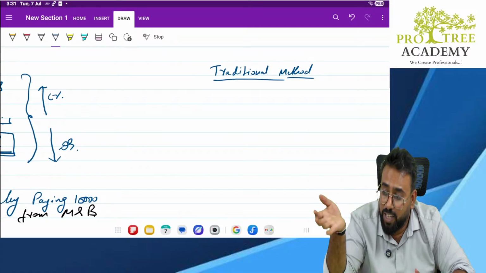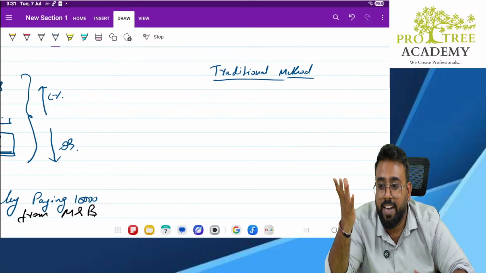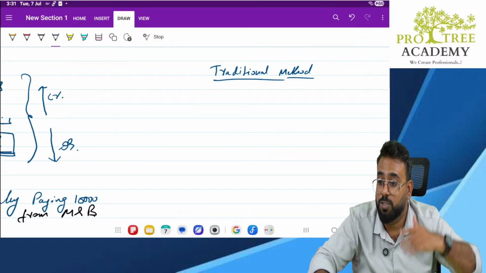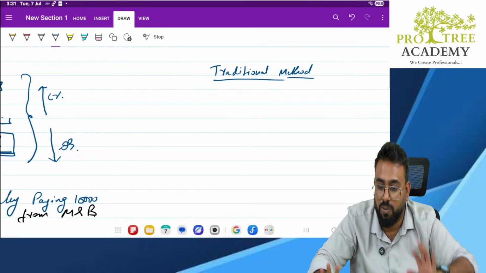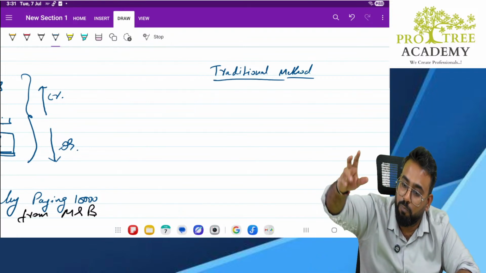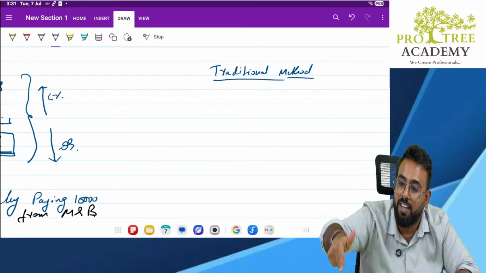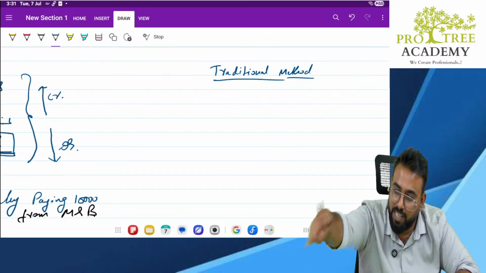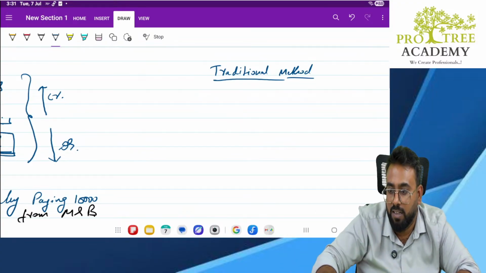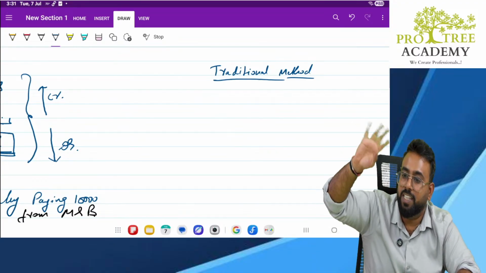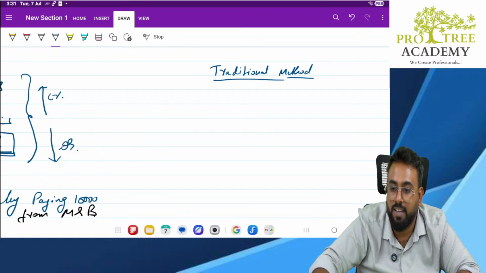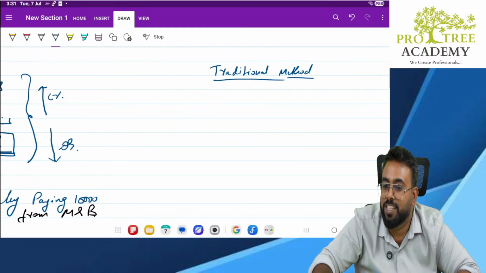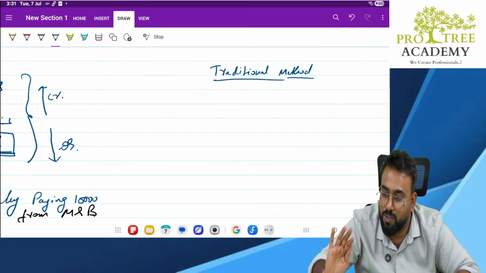When you keep solving the sums, you don't have to decide the definition every time, whether this goes under assets or income. As and when we keep solving sums, by looking at the name itself, we will say this is an income item, this is an expense item, this is an asset item, this is a liability item. So fulfilling the definition criteria is only needed in the beginning. Once you understand that, you don't have to do it again. But in the traditional method, every time you have to decide whether it is personal, real, or nominal, what comes in, what goes out, all those things.